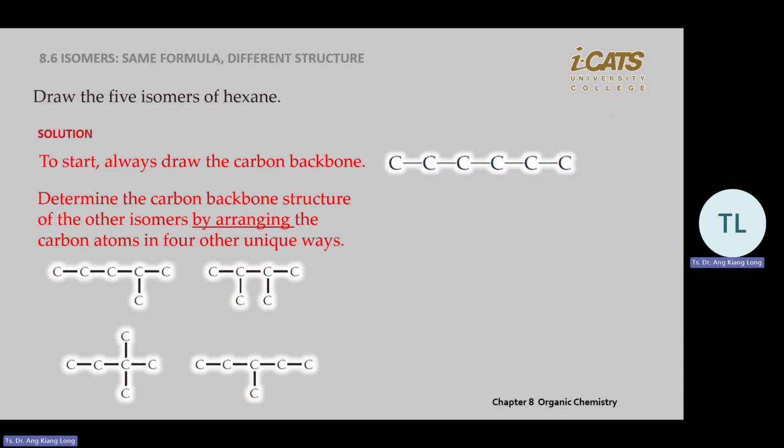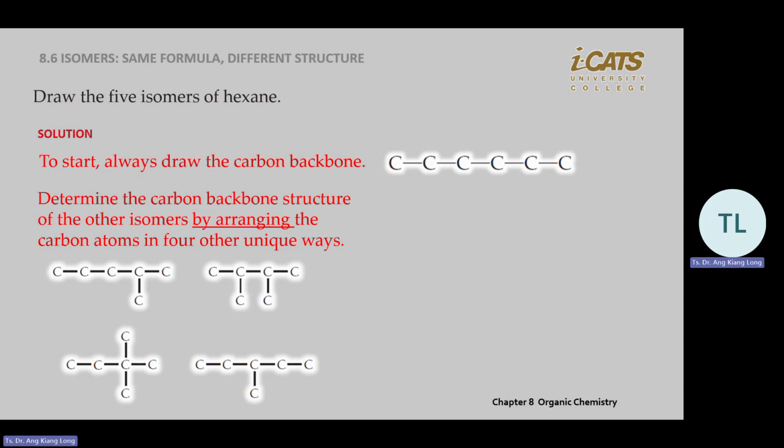This one has 1, 2, 3, 4, 5, right? 5 single bonds. You can break one, you can take one, and then like Lego, you combine with any C in the middle. For example, there are 4 possibilities of arranging the carbon. This is called branching.